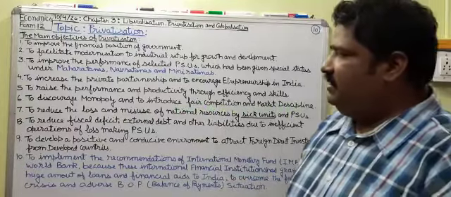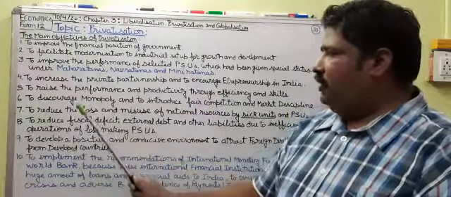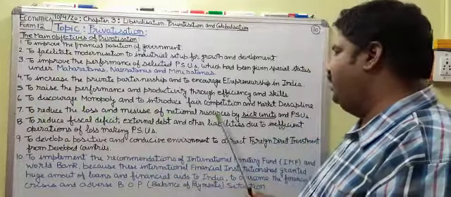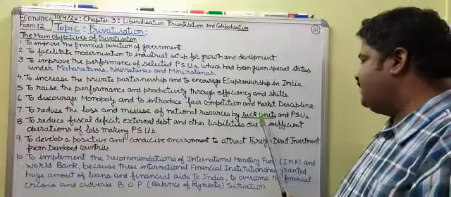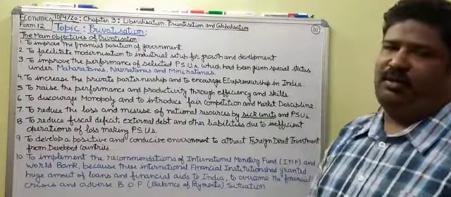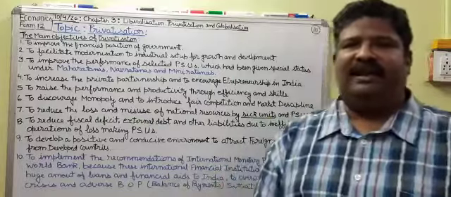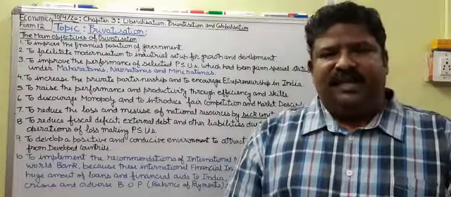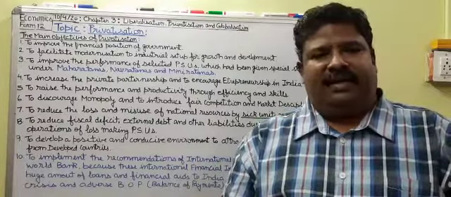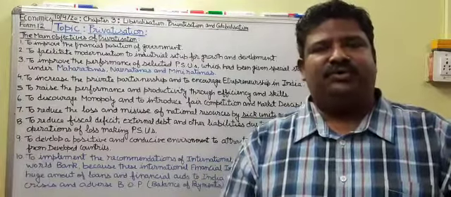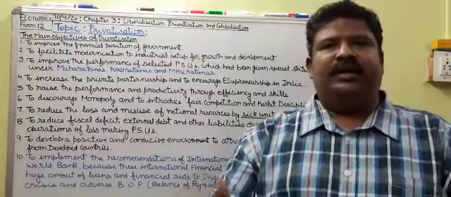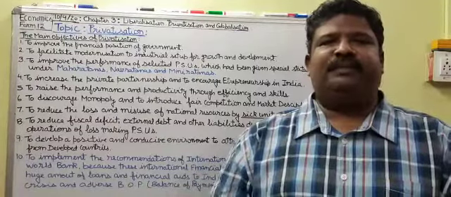Point number seven, the objective is to reduce the loss and misuse of national resources by sick units and PSUs. This term sick units is a very important word in economic parlance. Sick units are the units which take a lot of capital resources, but in turn do not produce or do not give output as per expectations.